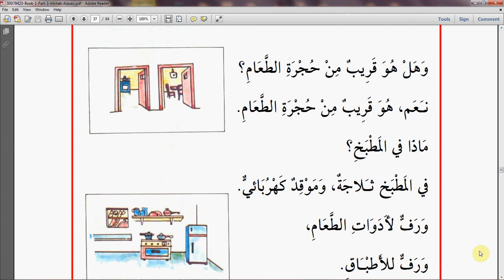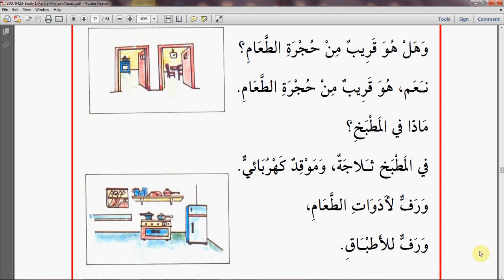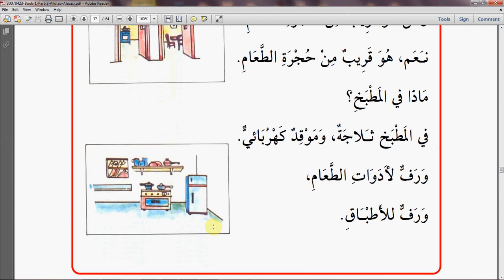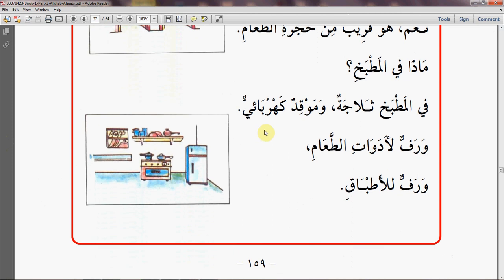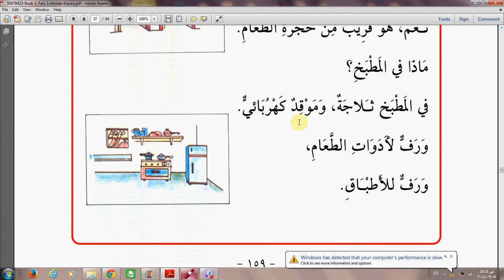In the kitchen, there's a fridge, وموقد كهربائي. موقد means oven. كهربائي means electric, you work with electricity. And electric oven, not gas. In the kitchen, there is a fridge and an electric oven.